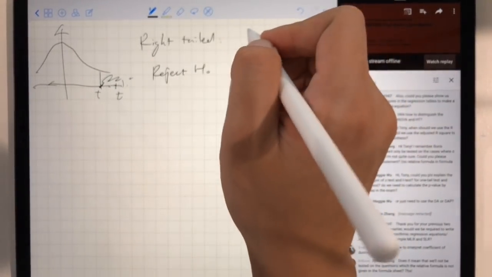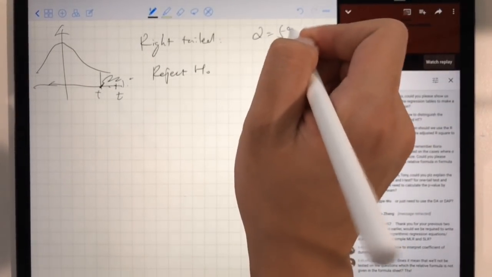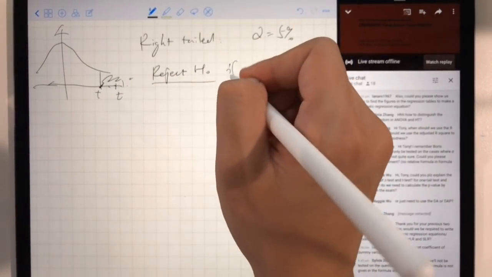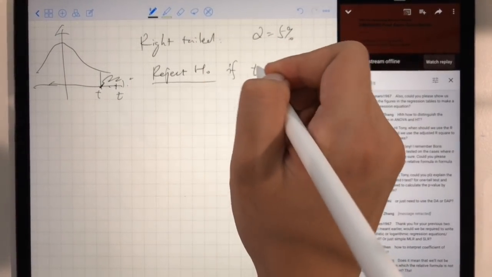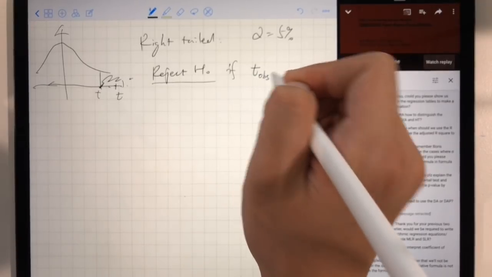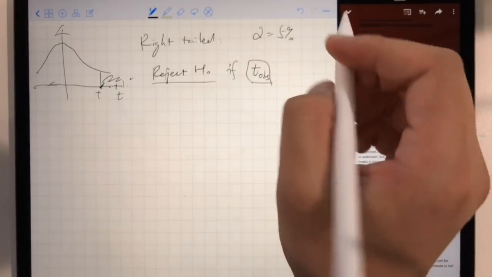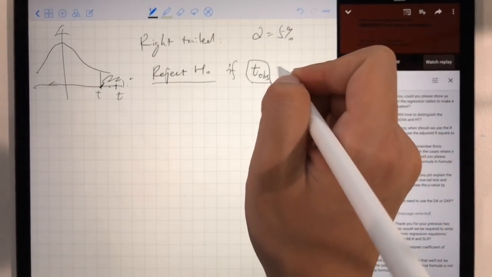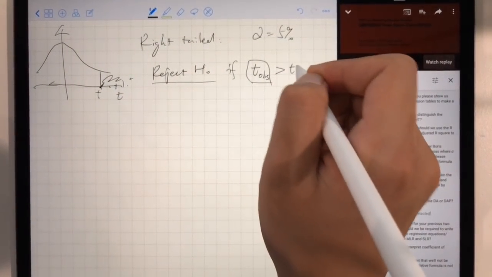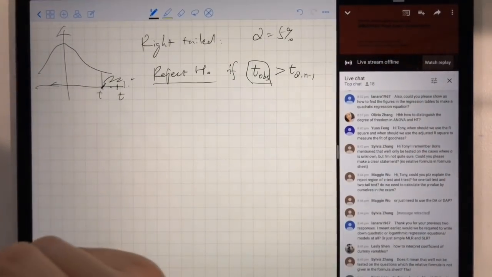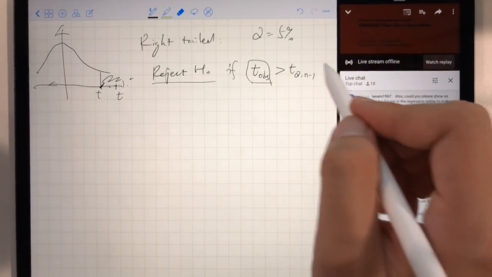So let's use alpha equal to 5%. We will reject the null hypothesis if the observed value of T, which is T0, what you calculate from your sample, is greater than the critical value, which is T alpha with n-1 degrees of freedom, okay? I mean, only for the mean.